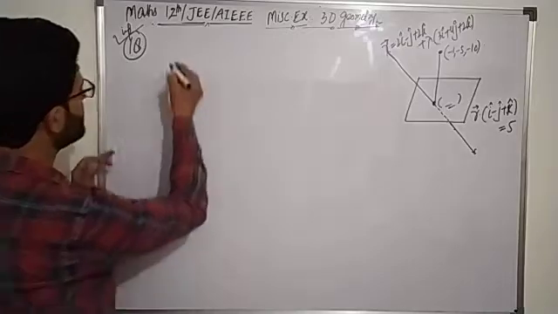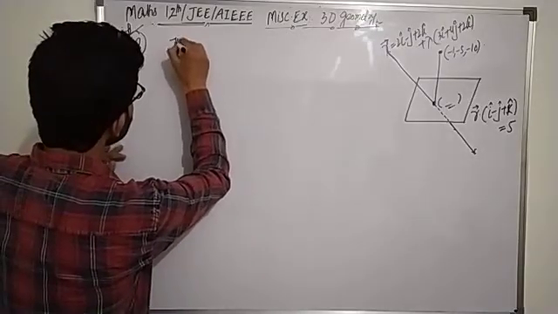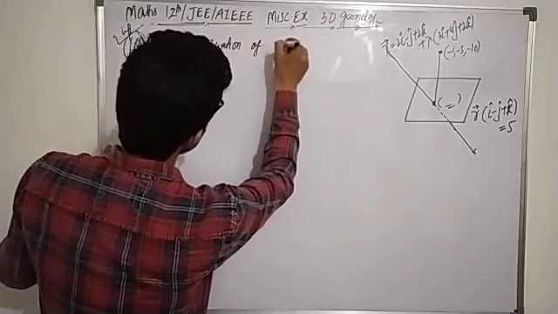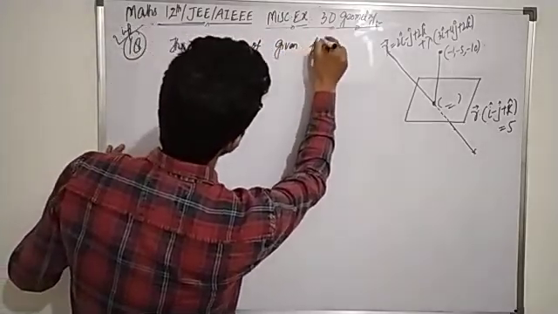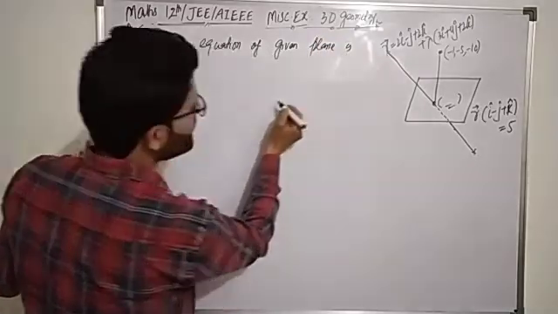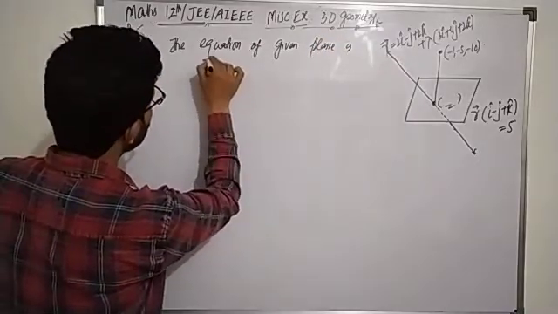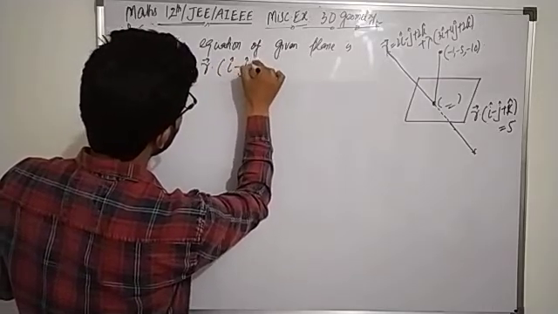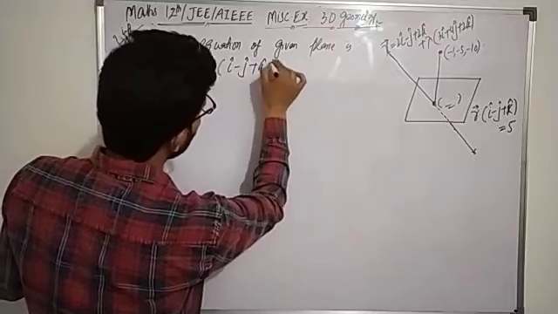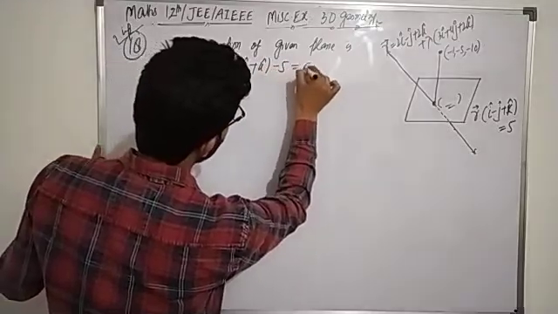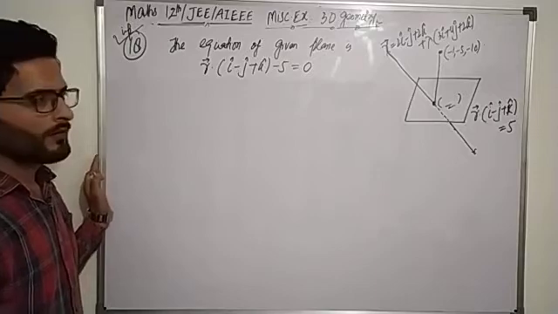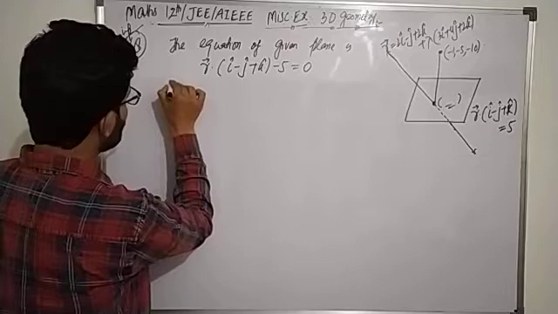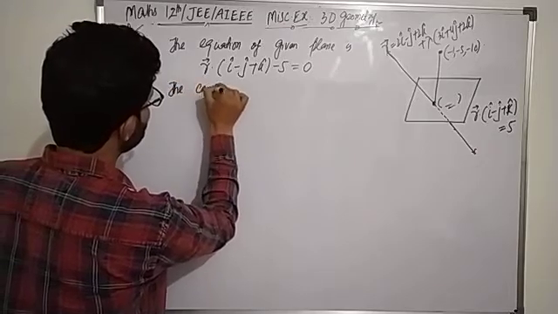The equation of given plane is, क्या है गिवन प्लेन की इक्वेशन? r डॉट i माइनस j प्लस k इज इक्वल टू 5, मीन्स r dot (i minus j plus k) minus 5 is equal to 0. वी विल डील विथ द कार्टेशियन इक्वेशन. सो सबसे पहले हम इसकी कार्टेशियन इक्वेशन निकालेंगे.